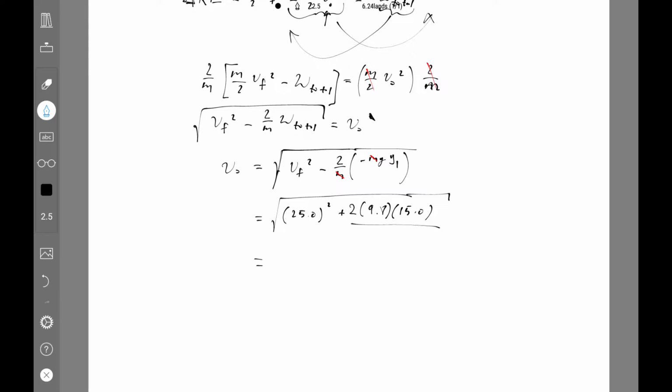Now I'll add 25 squared to that, 919, and take the square root of that, 30.314. 30.3 meters per second, with the proper sig figs.